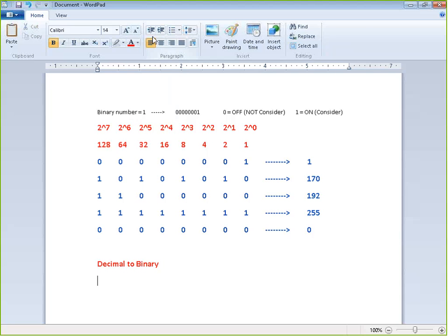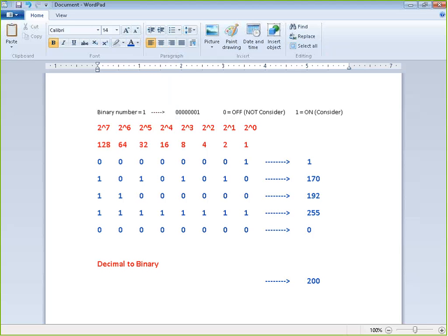Let me give you an example of a decimal value first, and then we'll try to convert it into binary. The decimal value that I'm giving you, let's say it is 200. That's the value that we are going to talk about.